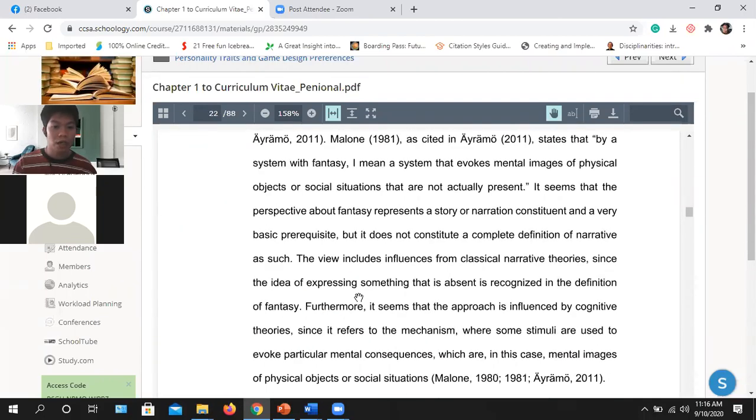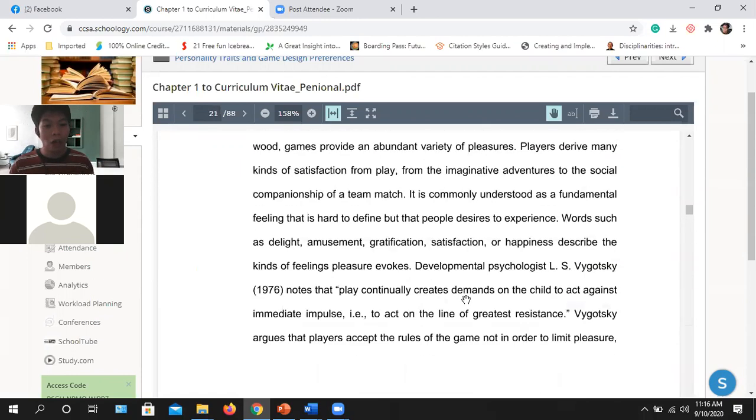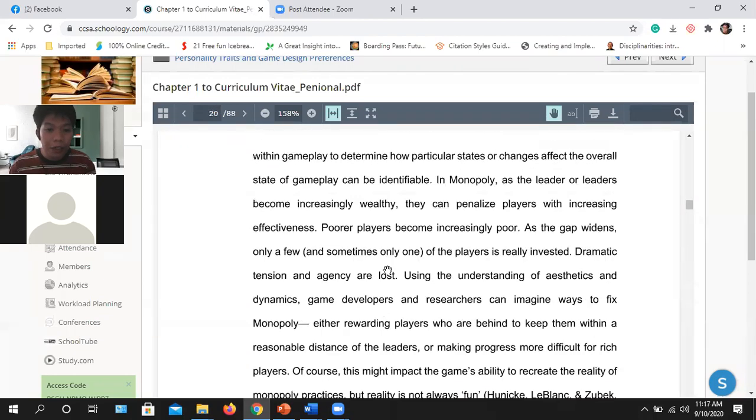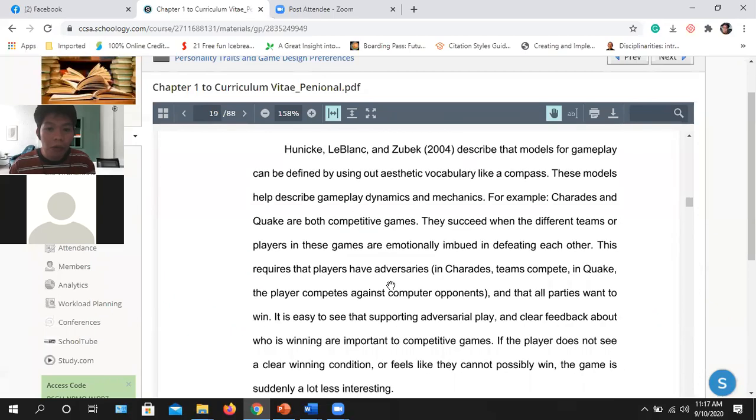So, sensation, fantasy. It's very important that you find related literature, even though the literature you have found is not by the authors of the original framework you took from.